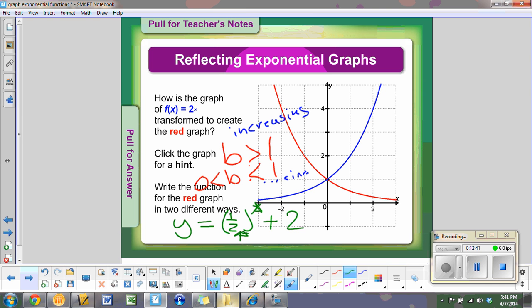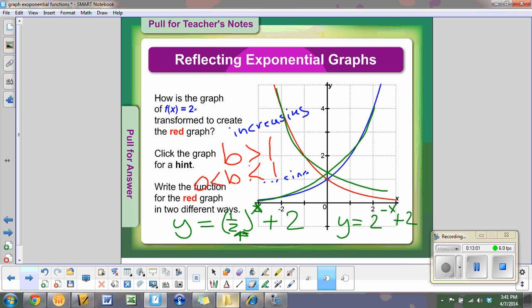I could also write it like y equals 2 to the negative x plus 2. And that's the same because remember, a negative exponent means that you flipped it, and if I flip a 2, I get a half. So a negative exponent is a decreasing function. A positive exponent is an increasing function. It just plays out that when we get rid of that negative, we end up having a fraction.